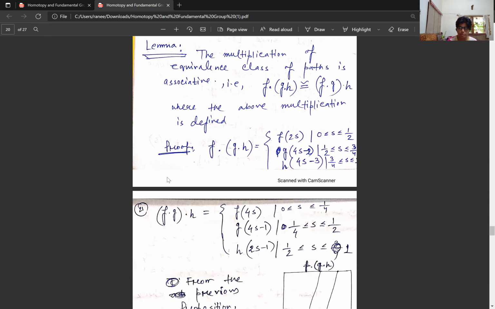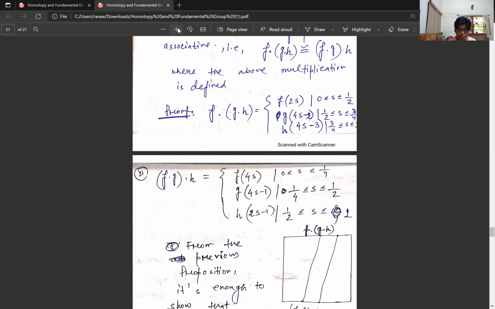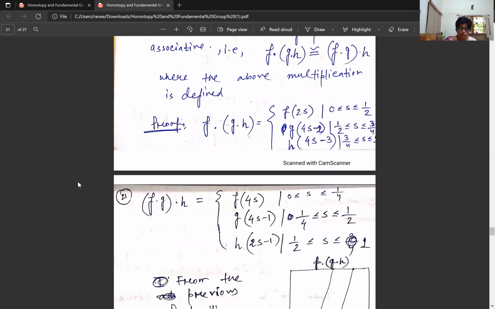So the first one, what is the definition of it? F composed with G composed with H: I am traversing half of the path by F, and then the remaining half, in the remaining half of the remaining half by G and the remaining half by H. So this is the definition.